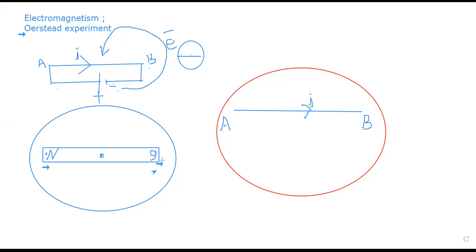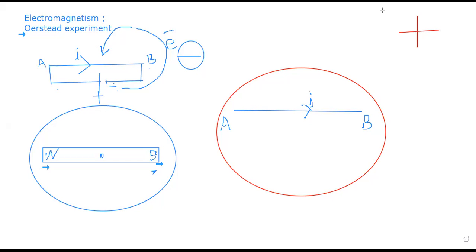For that, we should first study the main property of a magnet. For that, let us take the Earth's geographical directions. So this is the Earth's geographical direction. We can write like this on the surface of the Earth.